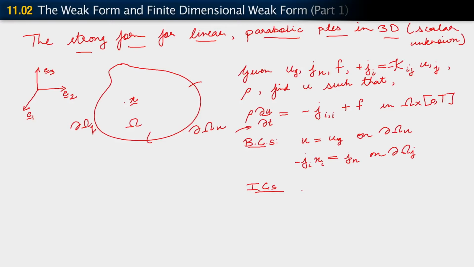Okay, so we need a single initial condition, and that is specified as U. Remember, U is in general a function of position and time, but now we set the time equal to 0. And we say that this is some given function, U0, suggesting the initial value, right, of u over the domain.